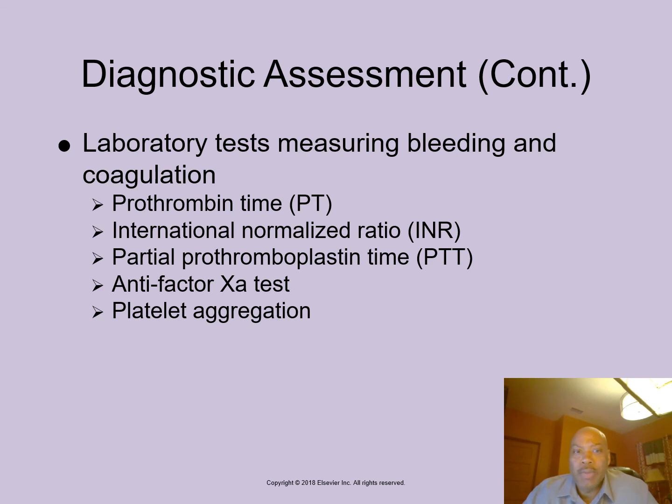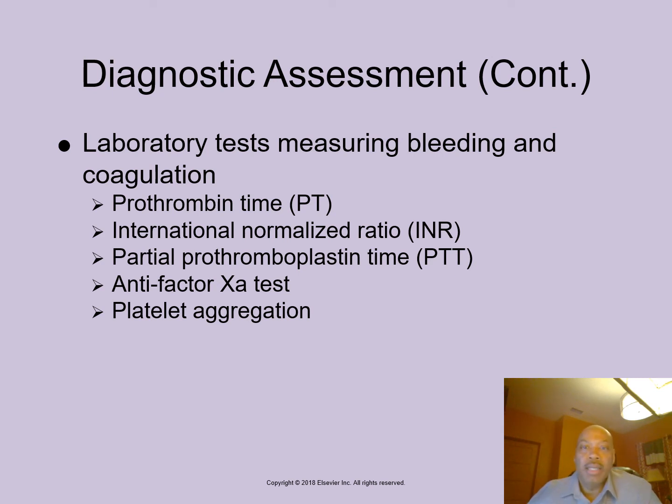And so we continue our diagnostic testing with laboratory tests measuring bleeding and coagulation. This speaks to our PT and PTT mainly. Your PT measures how long it takes for blood to clot, which reflects the number of clotting factors, such as factors 2, 5, 7, and 10, and how well they are functioning.